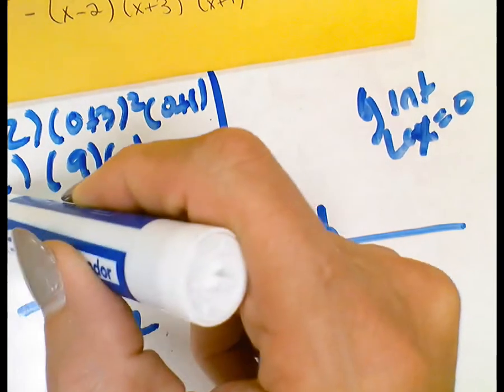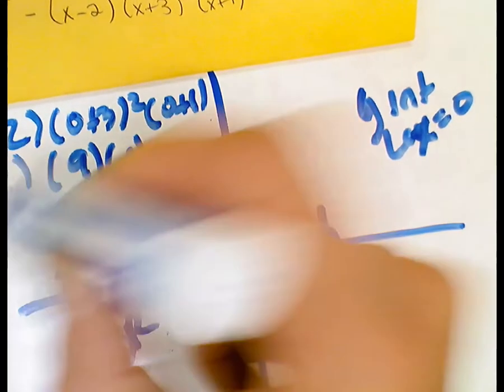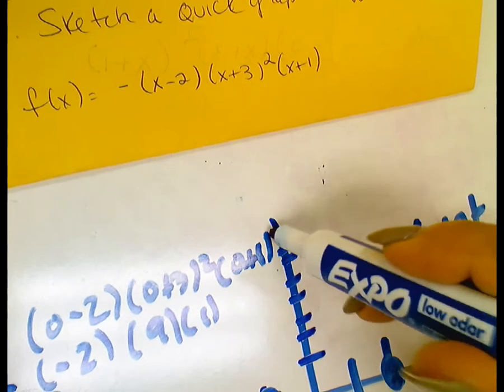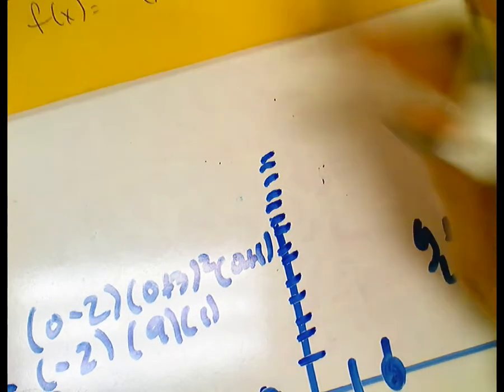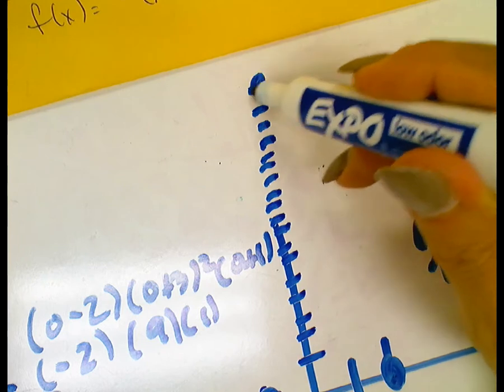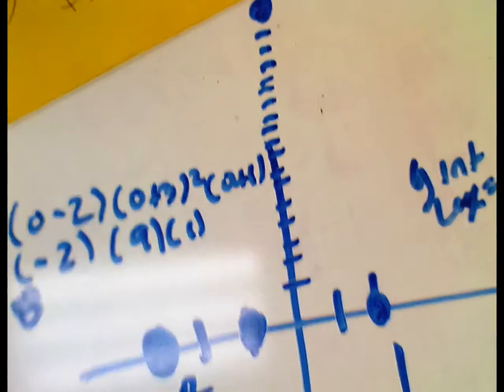And all of that is 18, because 2 negatives make a positive. So that should be 18. So you got to come up here: 1, 2, 3, 4, 5, 6, 7, 8, 9, 10, 11, 12, 13, 14, 15, 16, 17, 18. The y-intercept's way up there.